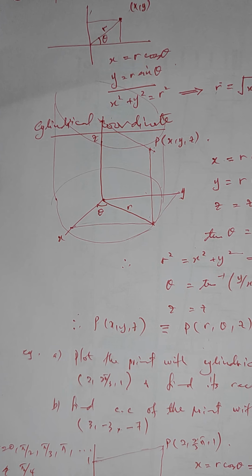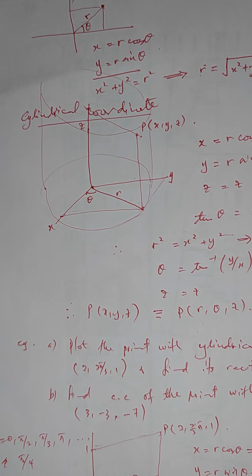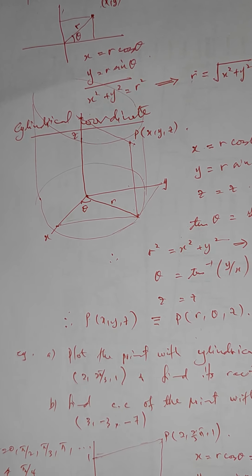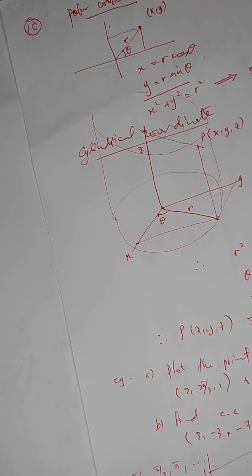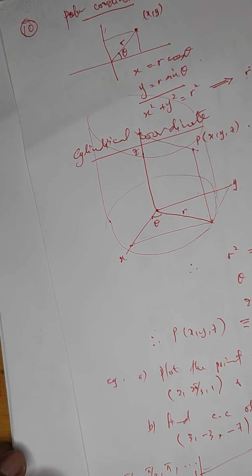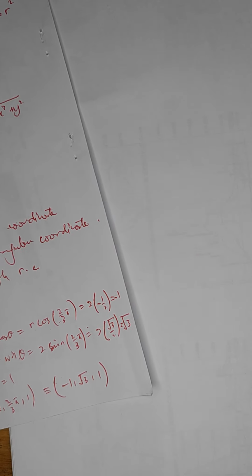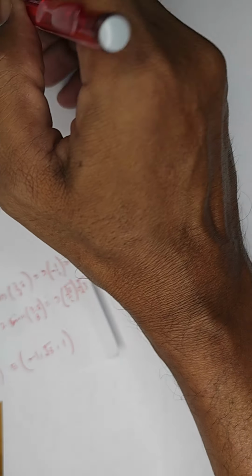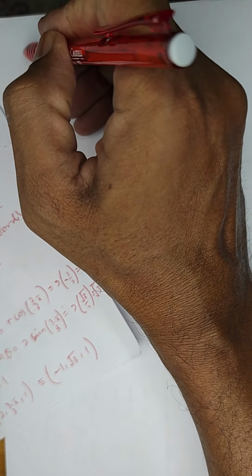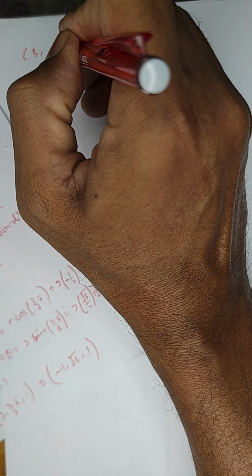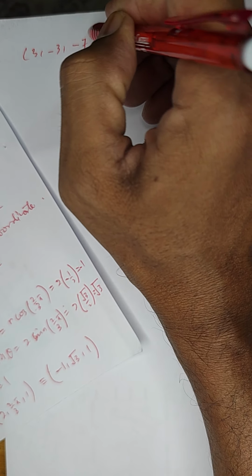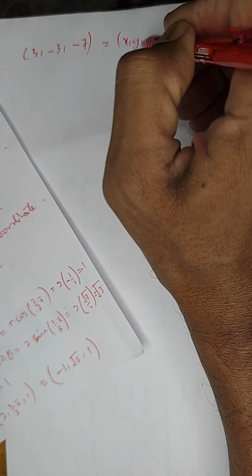Now let's see the second part of the example. We have this point that we want to change to cylindrical coordinates. So our point is (3, -3, 7), a point in rectangular coordinates.